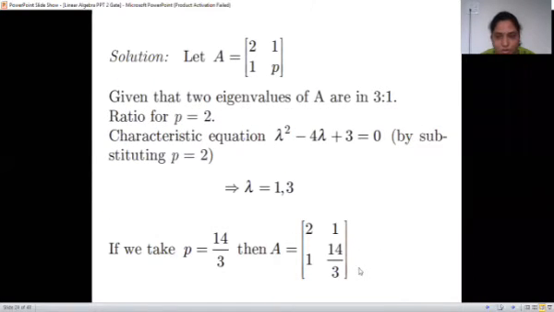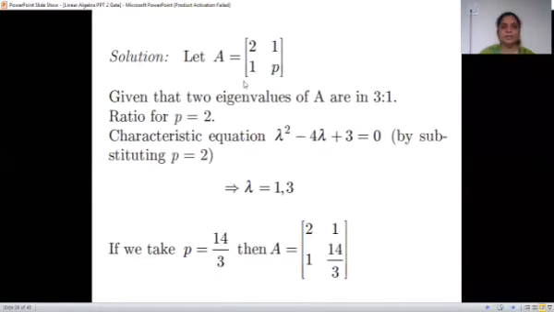Okay. If p is 2, then the characteristic equation we have to write for that. That is determinant of A minus lambda I is 0. Or we have one definition also: lambda square minus trace into lambda plus determinant of A. This is also a standard equation.